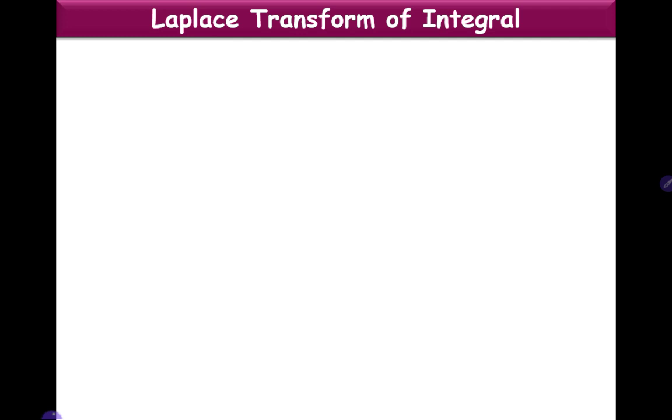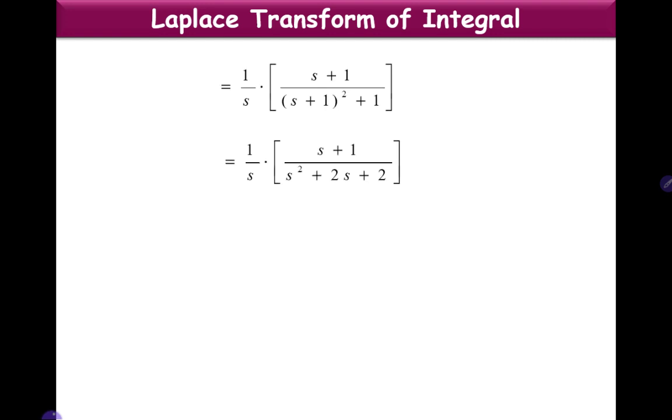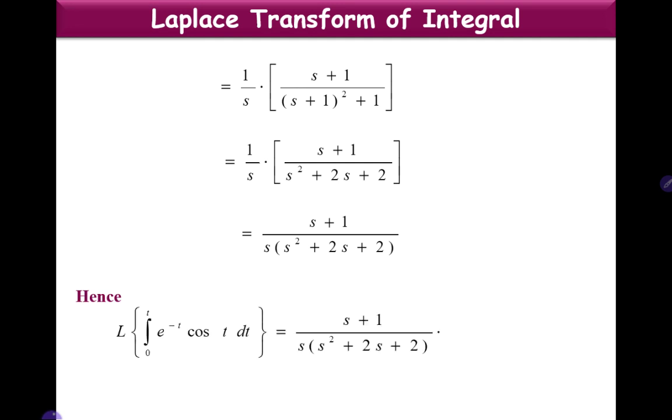Then we get 1 by s times s plus 1 by (s plus 1) whole square plus 1, that is 1 by s times s plus 1 by s square plus 2s plus 2. Therefore the Laplace transform of integral e power minus t cos t dt is equal to s plus 1 by s into s square plus 2s plus 2.